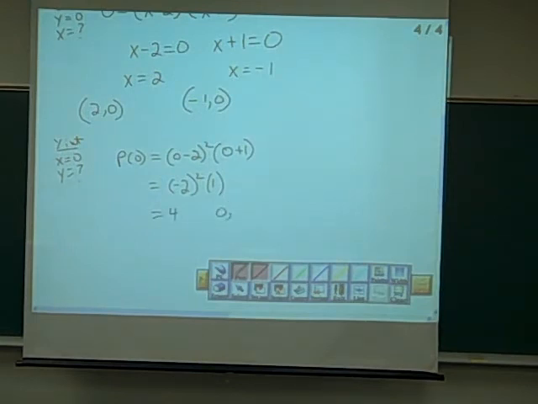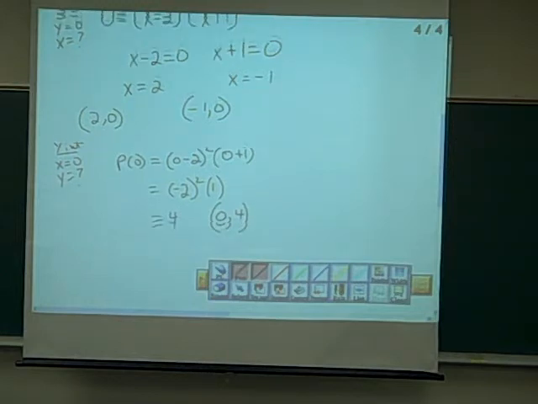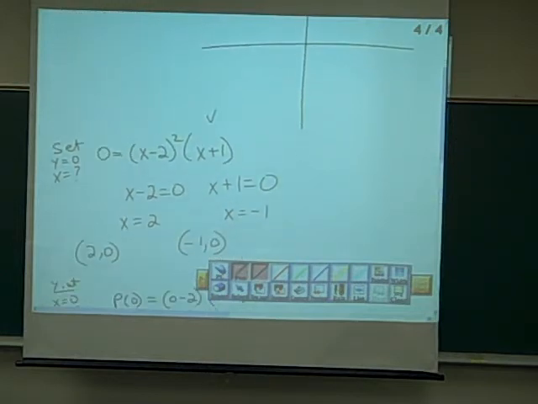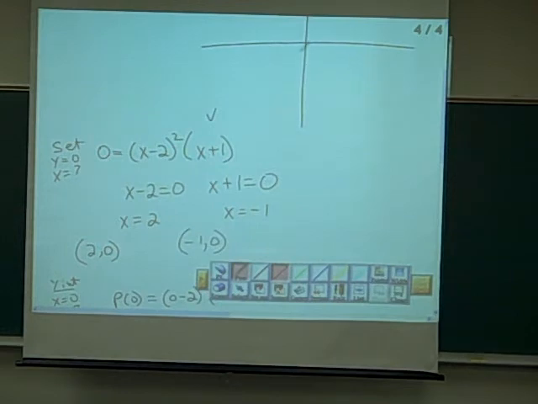So that'll be 0, 4 for our y-intercept. Okay, so this is what we've got so far. We've got -1 and 2 for our x-intercept.